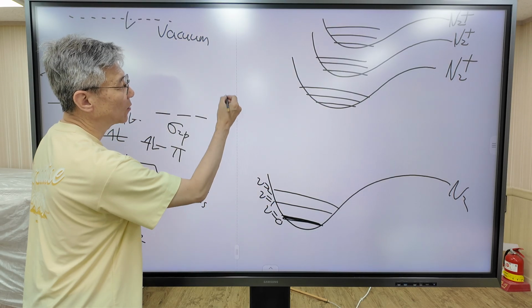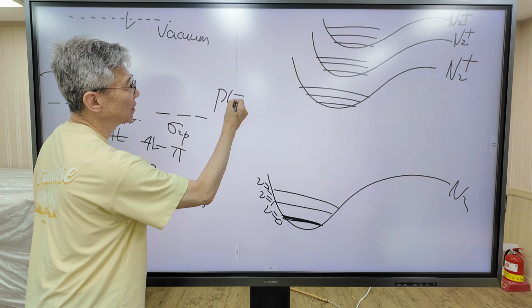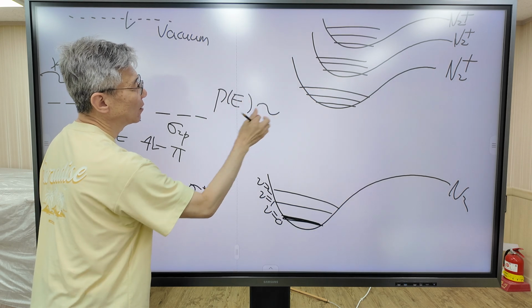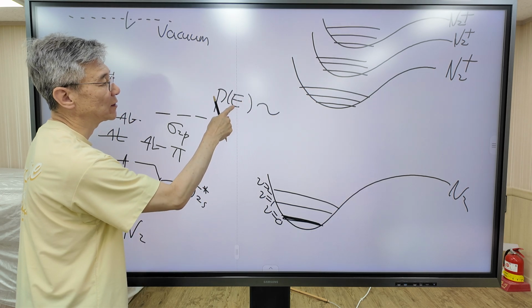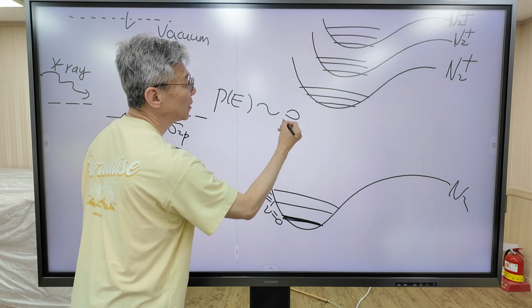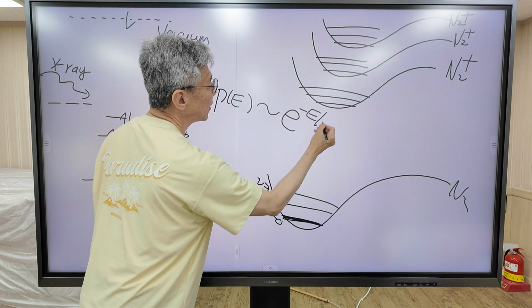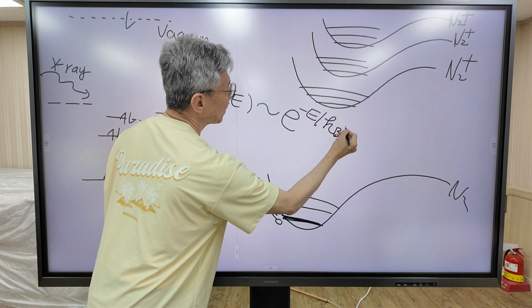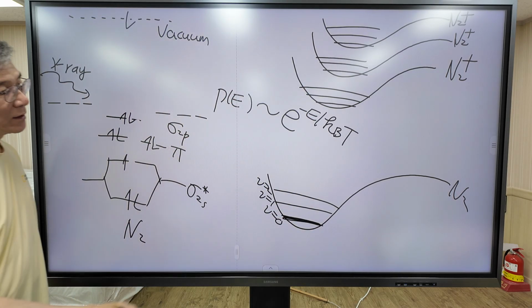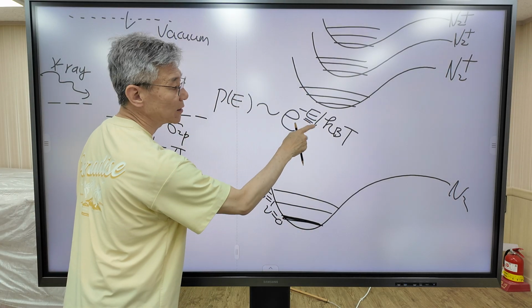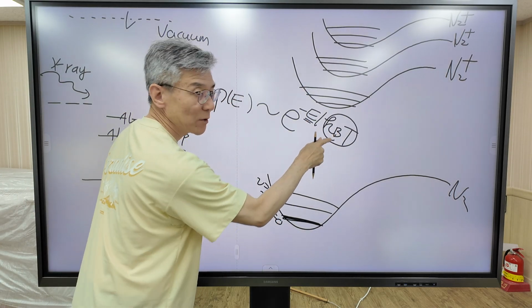Why? According to Boltzmann statistics, the probability that a molecule has energy E is proportional to exponential of minus E over kBT. Here E is the vibrational energy, and kBT is the thermal energy.